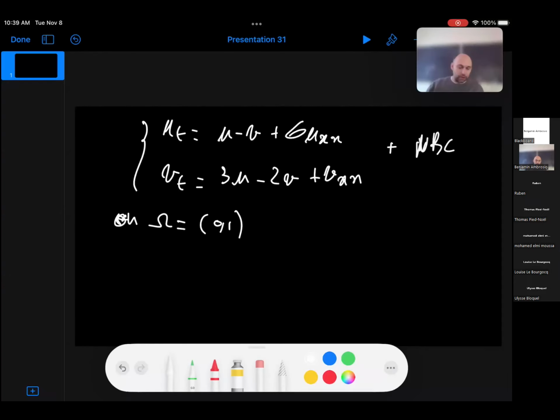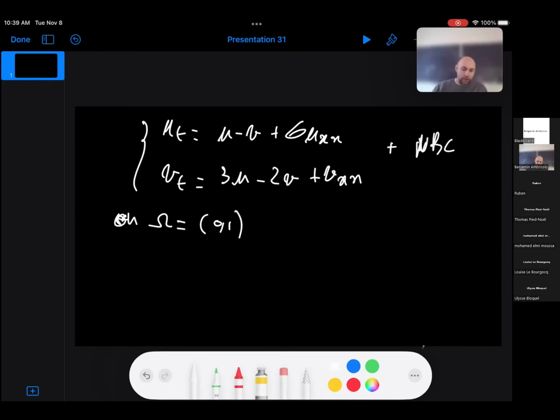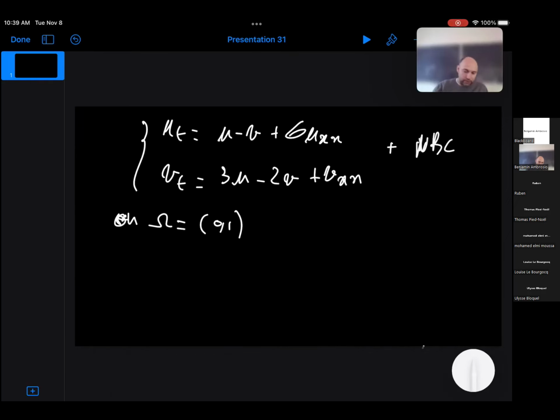In order to study the system, which is linear, a good thing that we've done is to make the projection on the eigenfunctions of this operator.